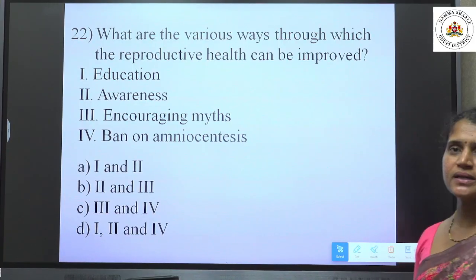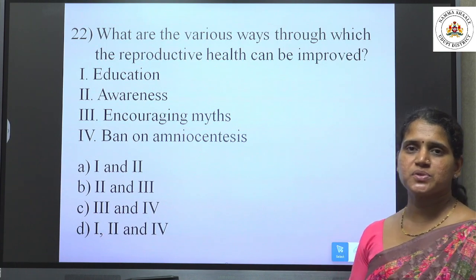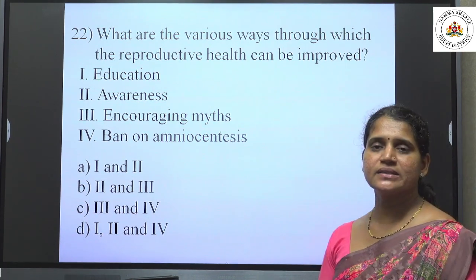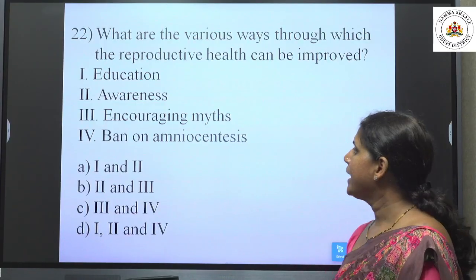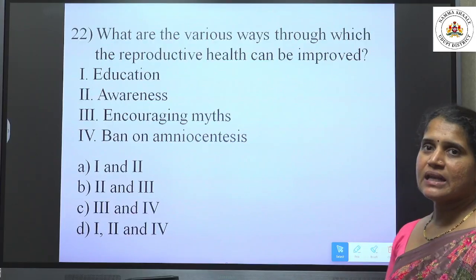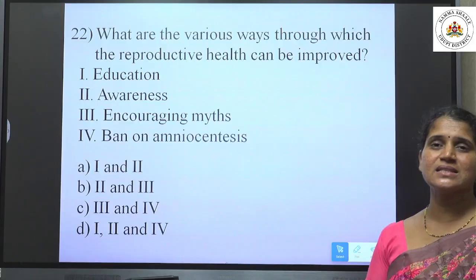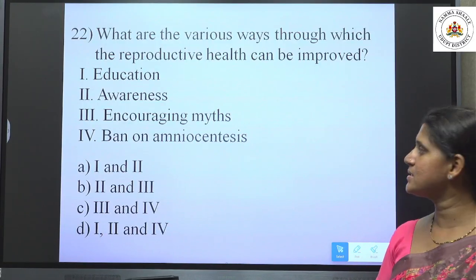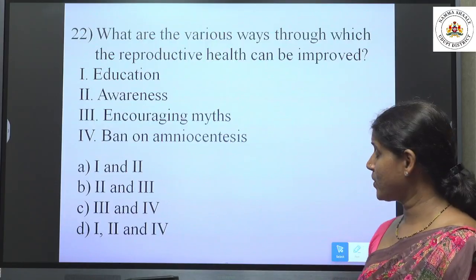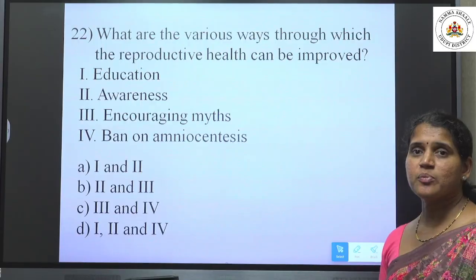By giving proper education about misconceptions, about sex and sex-related diseases, and awareness about these diseases. Awareness especially for the youth who attend puberty, about the adolescence changes and the changes that take place in the reproductive organs during adolescence.